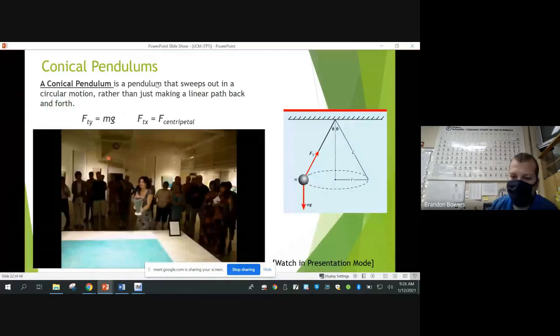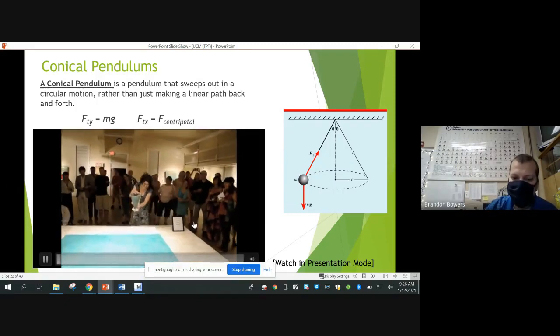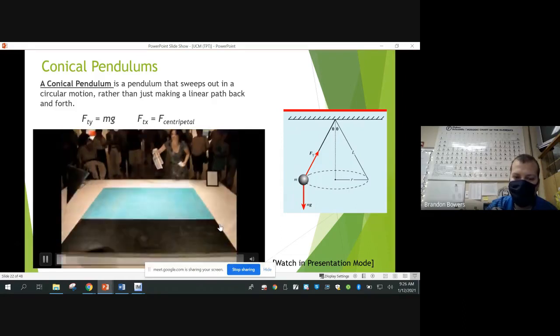A conical pendulum is a pendulum that sweeps out in a circular motion rather than just making a linear path back and forth. Have you ever seen the painters? There are people that paint using this now.